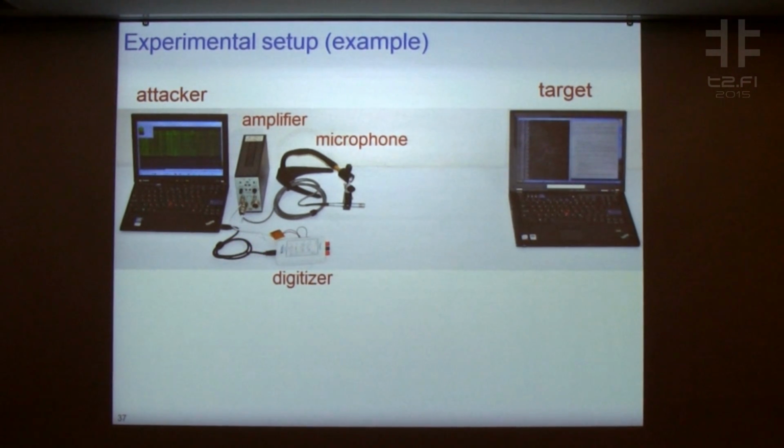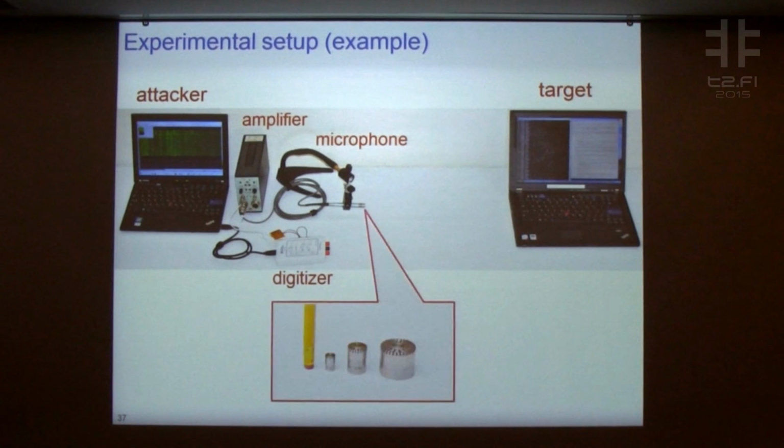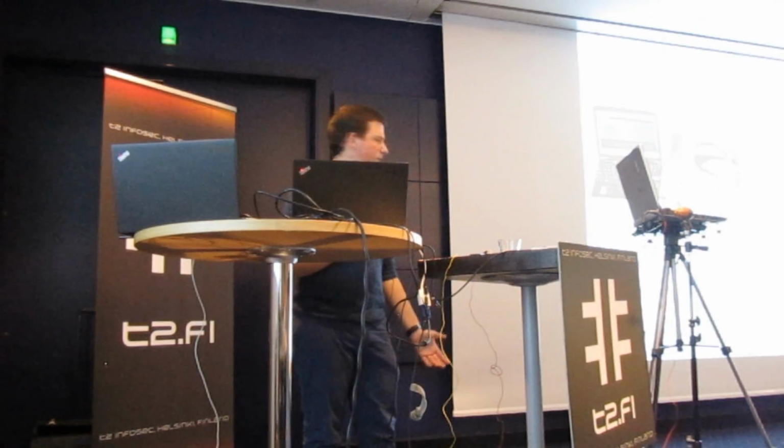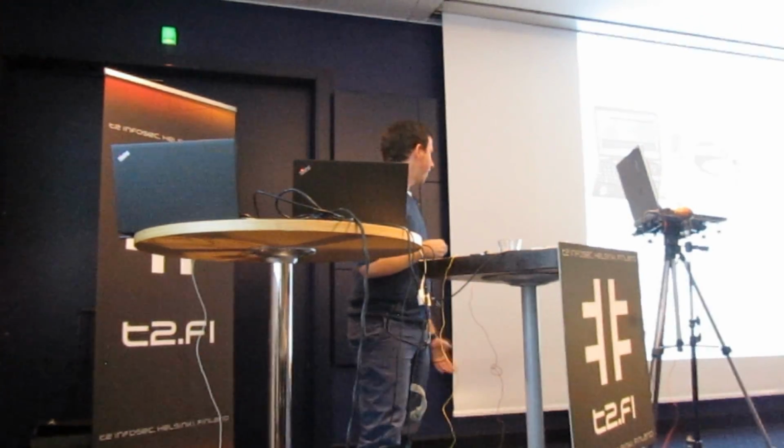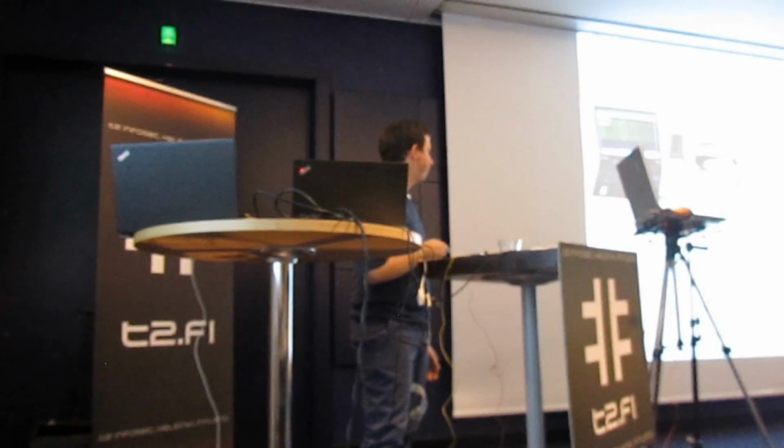And here's our laptop, which is going to analyze the signal and extract the secret key. The only thing here that needs to be in some proximity to the target computer is this small silver tip, which is the microphone itself. The rest of the equipment here is just in order for the signal to travel safely and be digitized correctly in our attacker station, so it can be somehow concealed in the attacker's clothes.